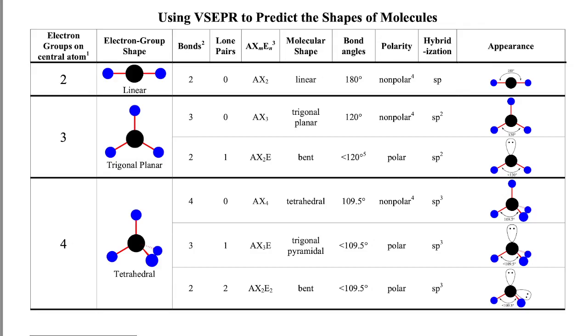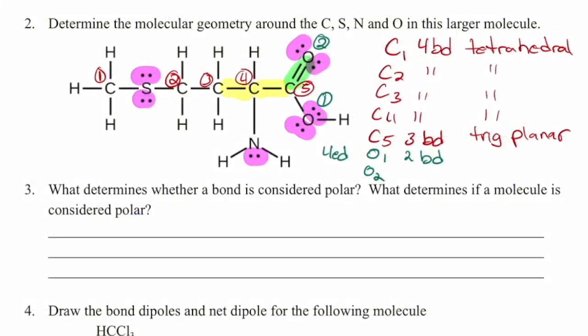Usually angles are less than 109.5 due to lone pairs. So we would expect oxygen 1 to be bent. Oxygen 2 doesn't really have a geometry around it because it's only connected to one thing. Effectively, it has 1 bonding domain, and it would be linear if I were to ask you that. But that's not really an important one. Mostly we're talking about atoms that are connected to more than one.